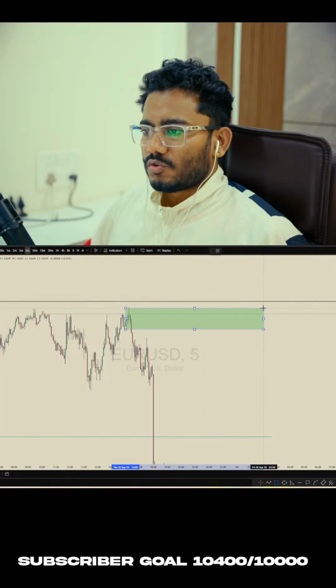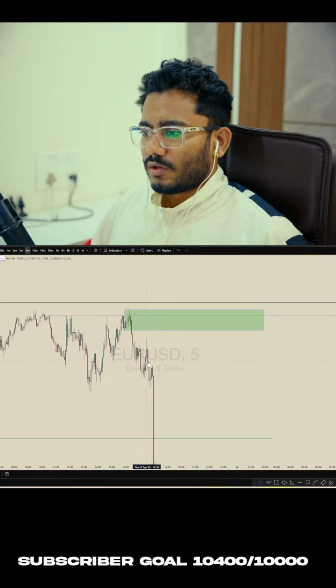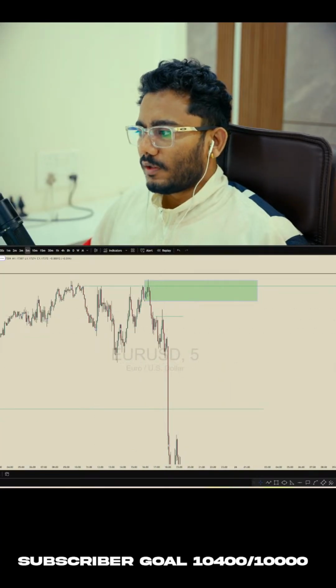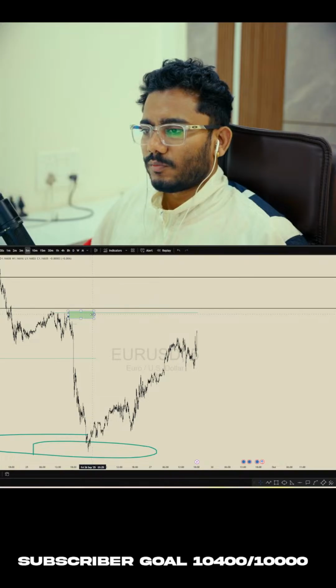So this is the candle which took out the previous liquidity and then broke the structure to the downside. And again, this was the engulfing candle which also took the liquidity and then went to the downside. So we could see reaction from here, this order block.